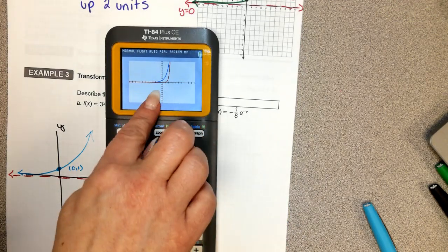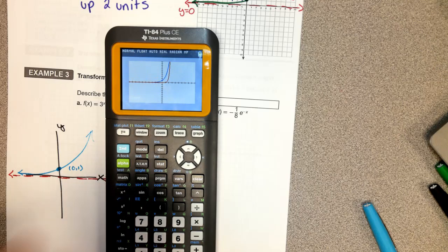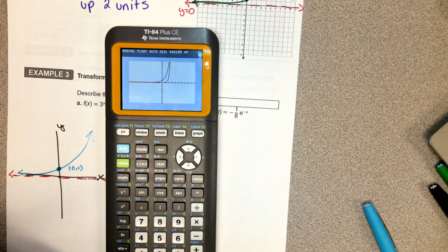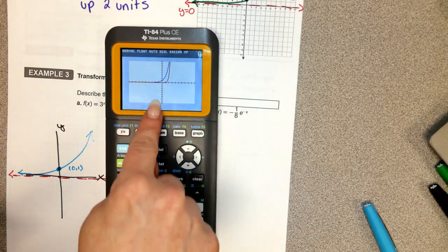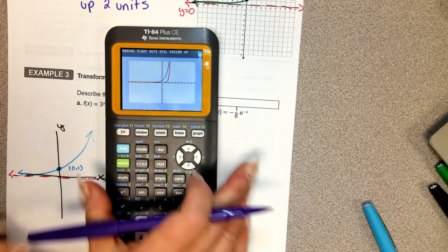Notice it's going to change your y-intercept, so that's spot on, but it didn't change the asymptote. The asymptote didn't change because there was no up-down movement. That asymptote is horizontal. The only way to change it is to go up and down.